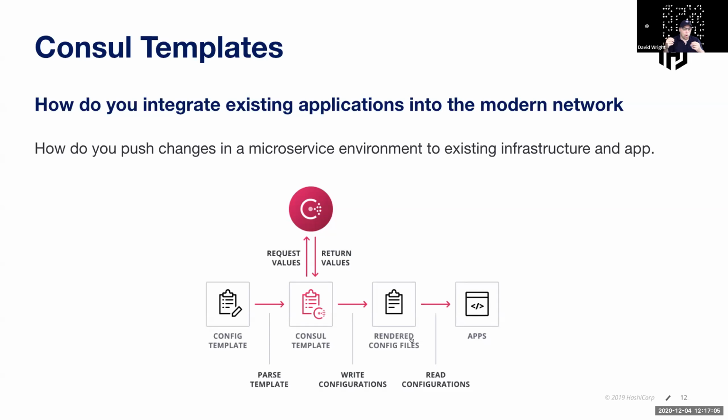And so when we write that template, it will push to NGINX and trigger a reload. So you can start to create change based off of what Consul knows from the service registry and service discovery.